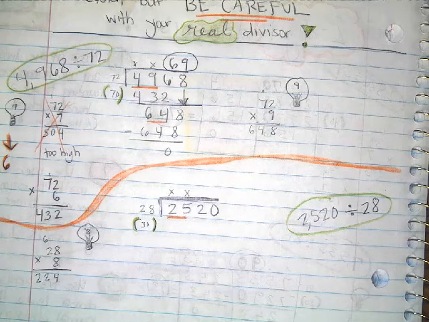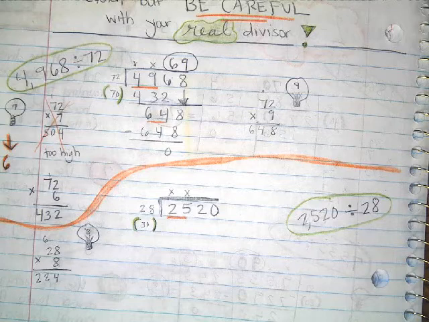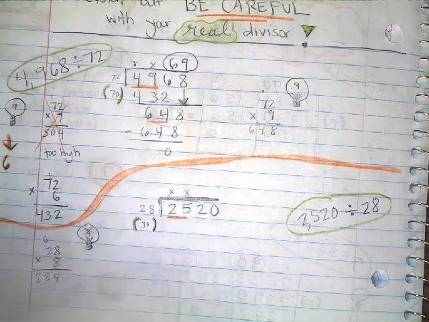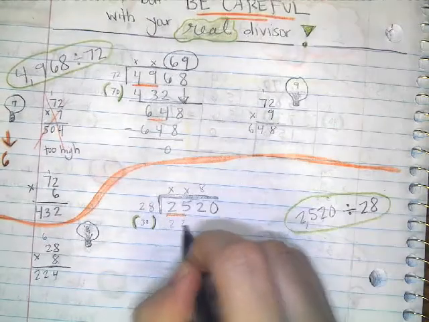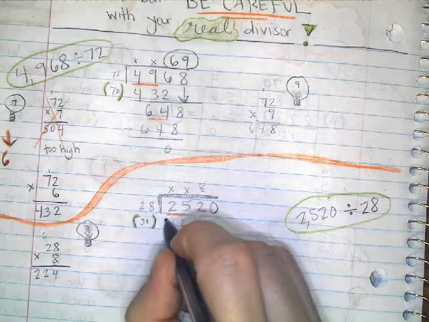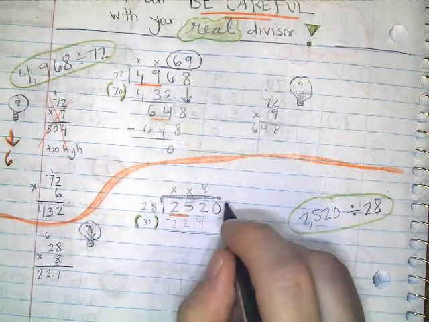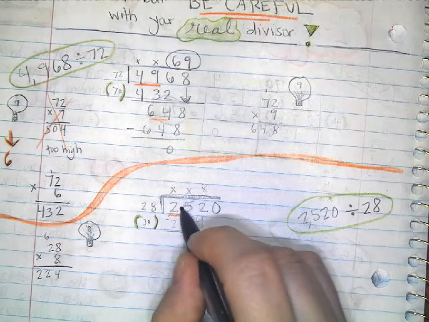Let's go through the process of what will happen if you don't fix it right now. So let's say that I go along with it and I say, okay, it's 8. So go ahead and put an 8 above the 2 in the quotient line. And do 224 and subtract.